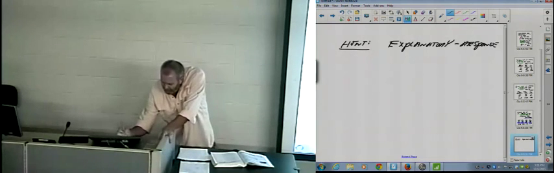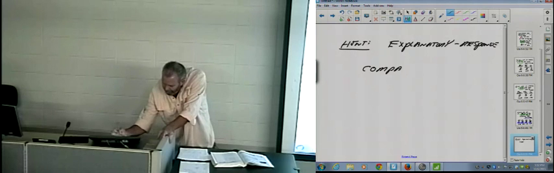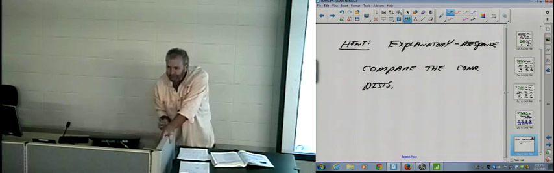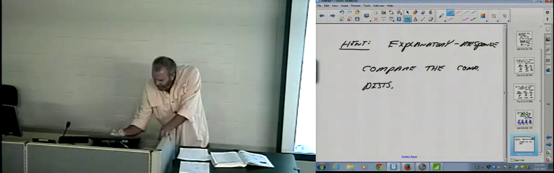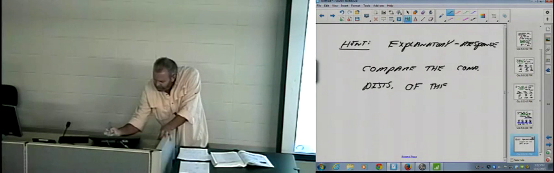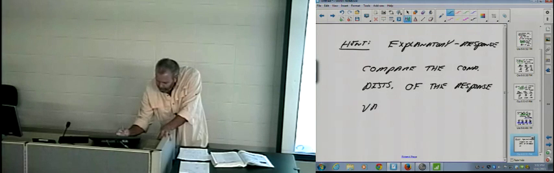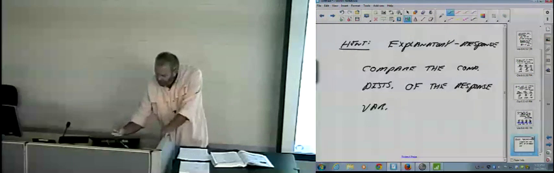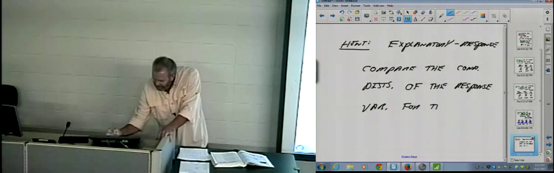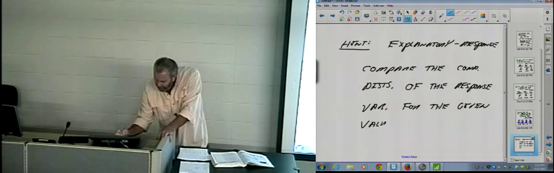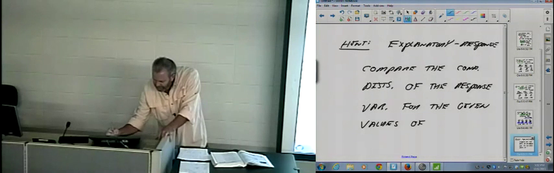What we want to do is compare the conditional distributions, which is what we just talked about, of the response variable for the given values of the explanatory variable.